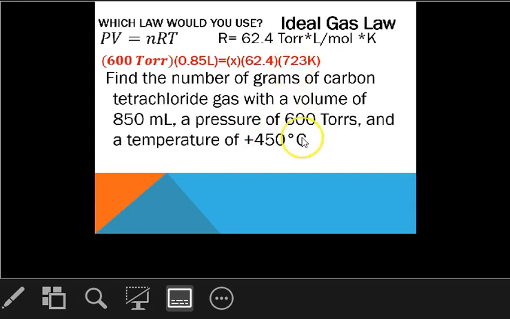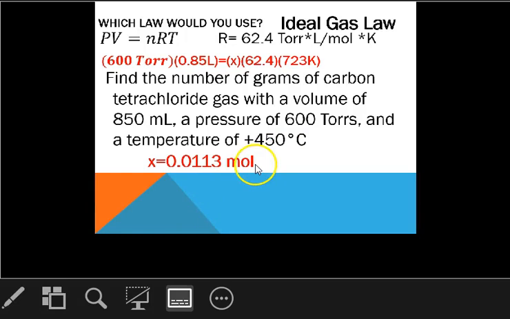If you have C, add 273. So when I solve this problem, I end up with 0.0113 moles.